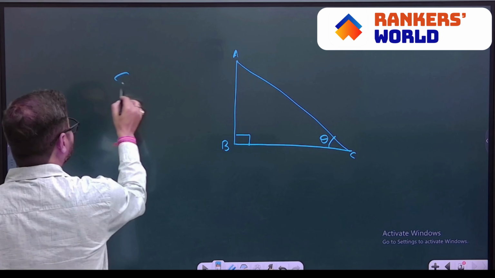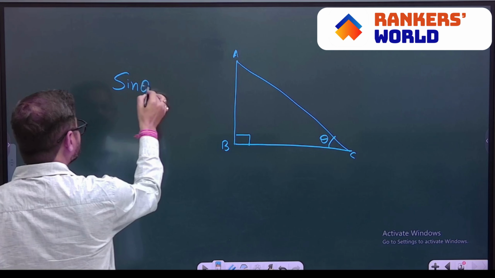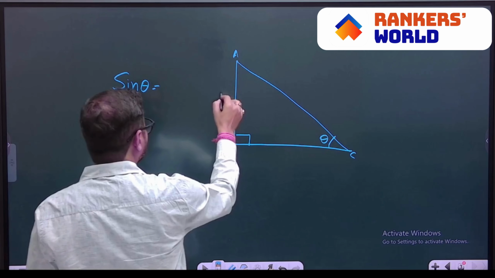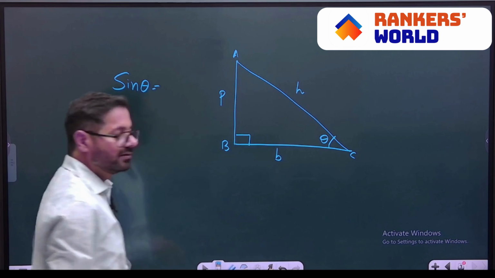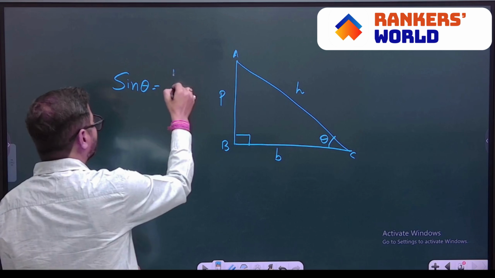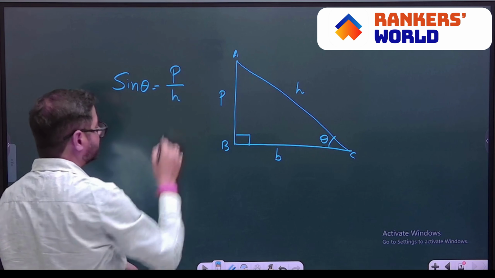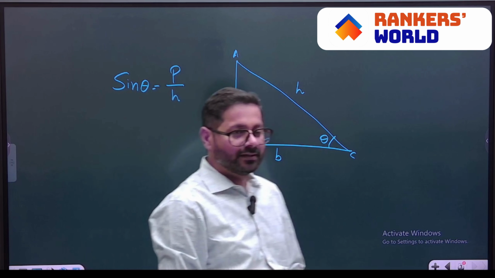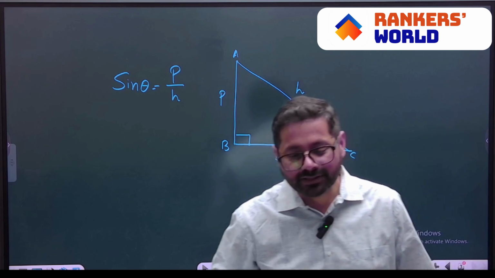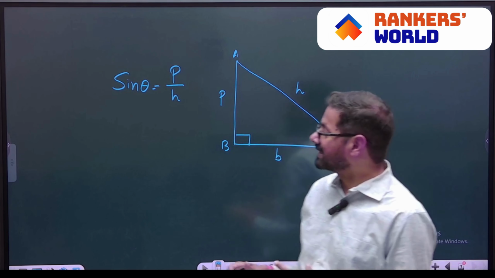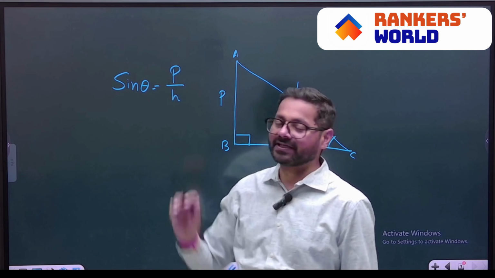If I say sine theta, it says if this is the perpendicular, this is the base and this is the height, Pythagoras says it is P by H. Is it some mathematics? The answer is no. Pythagoras wanted to connect sides with theta.